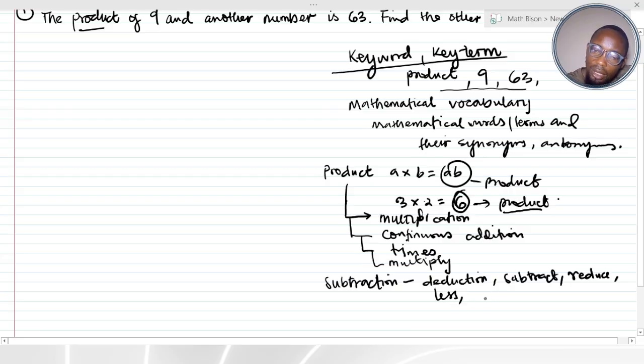In fact, there are some cases where greater is treated as what? Subtraction. For example, if I ask you by how much is 10 greater than 3? You are never going to think about anything else but what? Subtraction. So imagine if you don't know this, okay?